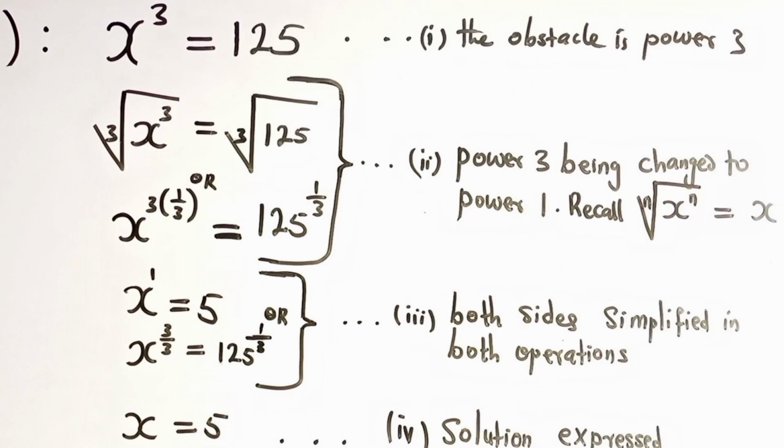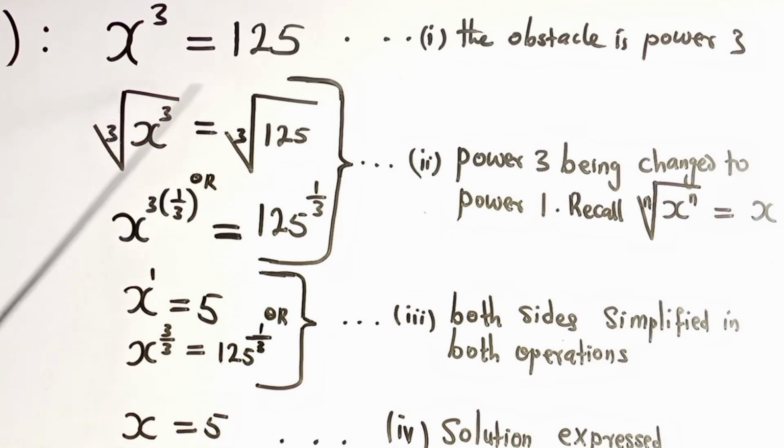Therefore, what are we going to do? Since this has become this, the same operation, which is finding the root of the number, should be carried out on both sides of the equation. And this is why it is extended to what we're seeing here.